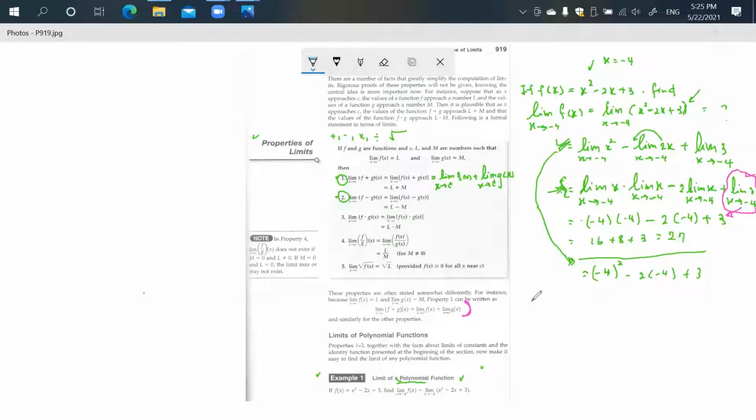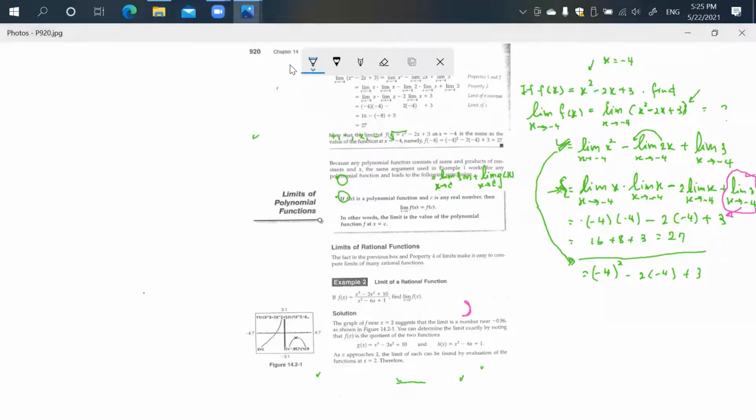This is the example when it's a polynomial. Now we go to the next example. If the function is a rational function, how do we do it? Okay, it's a rational function. So I may erase some here.